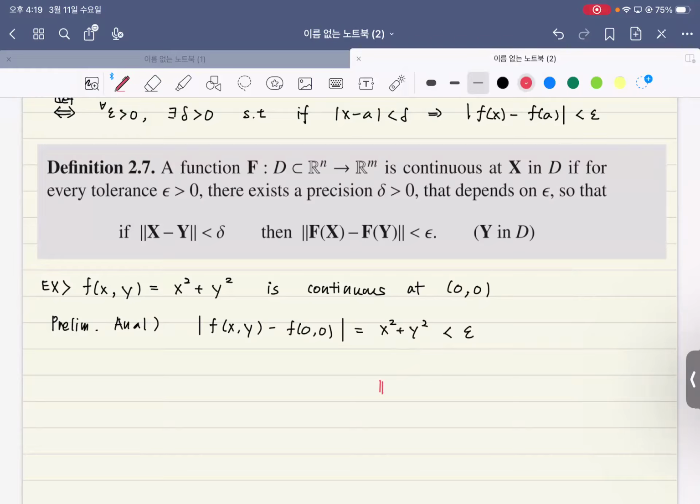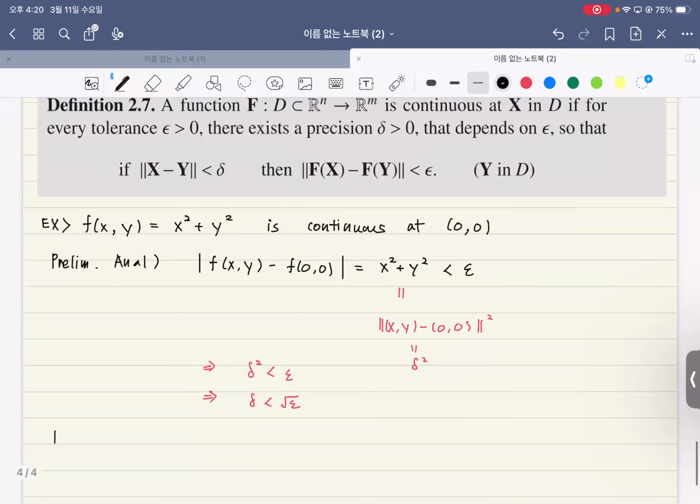This is less than delta squared, so our delta squared must be less than epsilon. In other words, our delta must be less than the square root of epsilon.